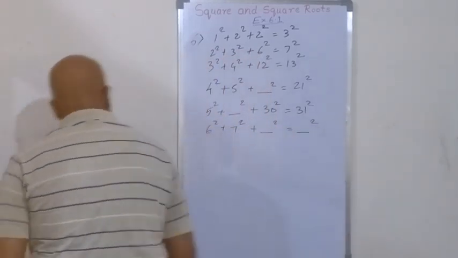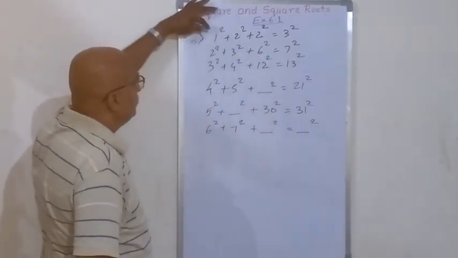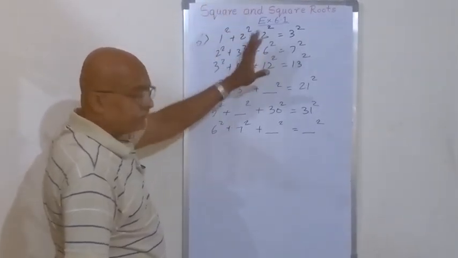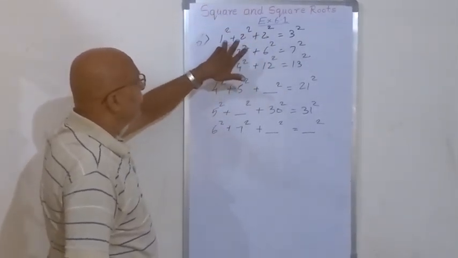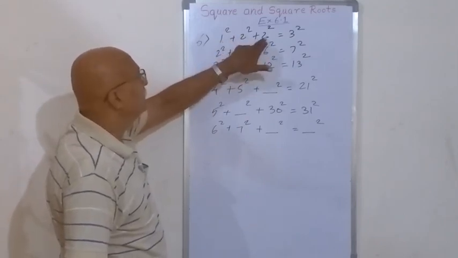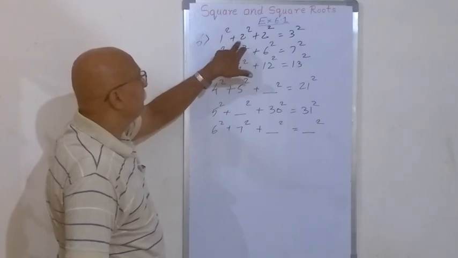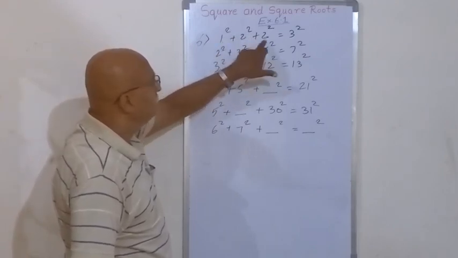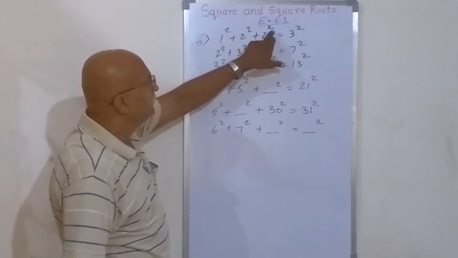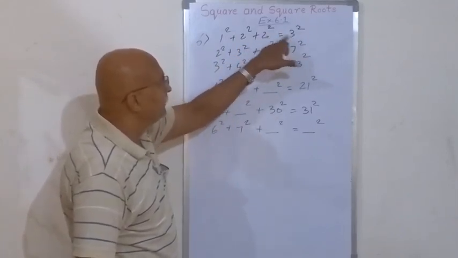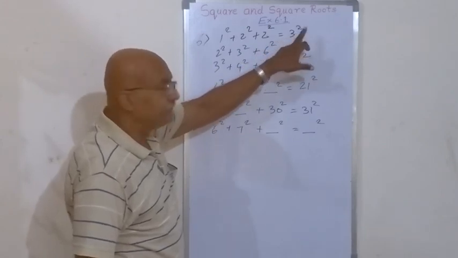Now you can see here it is a very easy pattern. In the first or second or third, you can see 1 into 2, the product of 1 and 2 is 2 only. So the square of 1 plus square of 2 plus the square of the product of the first 2, that is 2 again, equal to the consecutive of 2, that is 3 square.